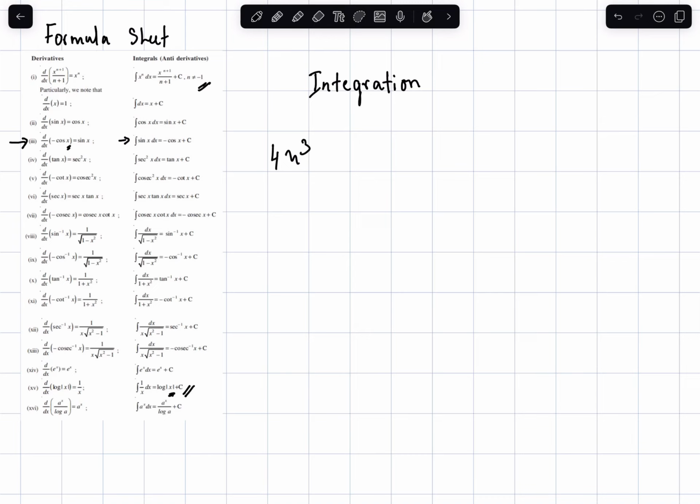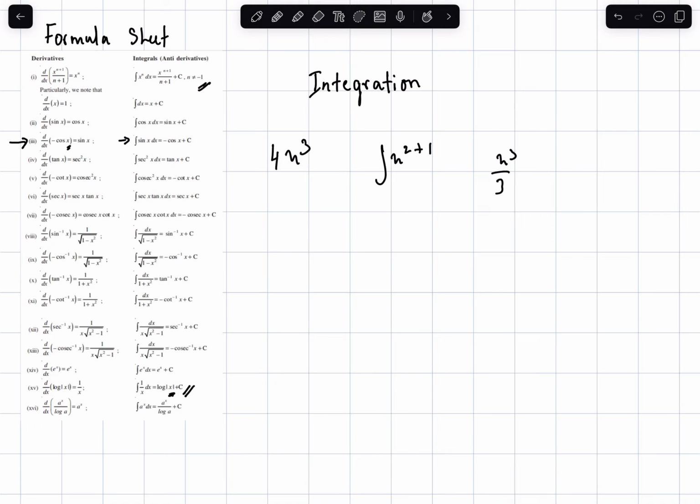Now, if that's the case, how would I get cubed if I integrate something? You would need x squared, right? So if I integrate x squared, I would get x to the power 3.